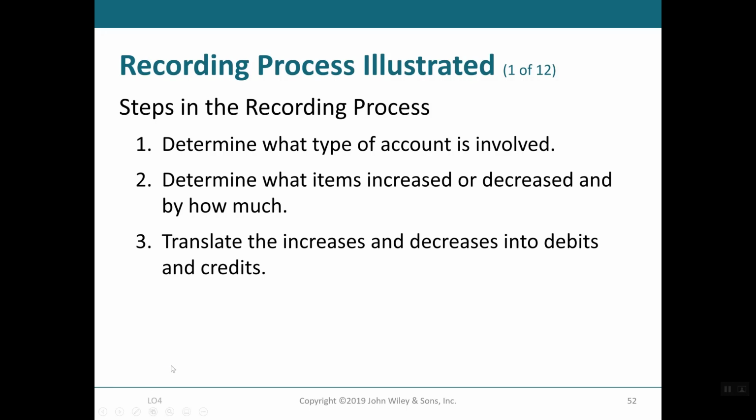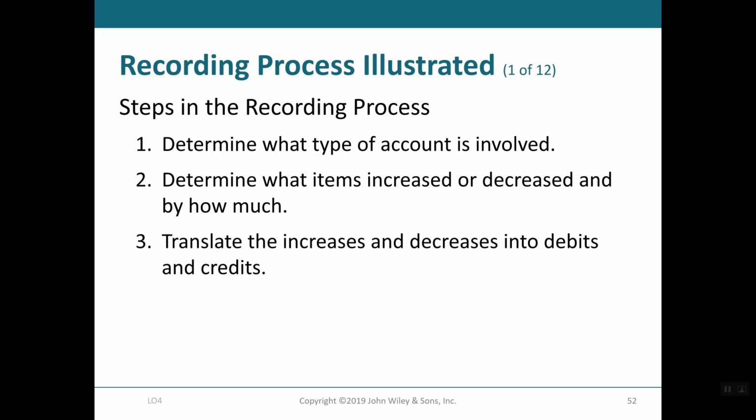Okay, so let me just reiterate. An increase in assets is a debit. A decrease in assets is a credit entry. An increase in liability is a credit entry. A decrease in liability is a debit entry.